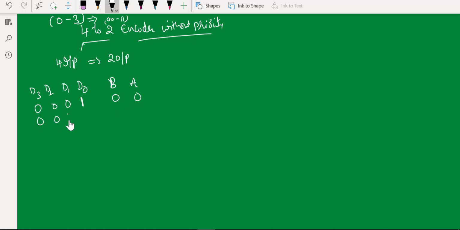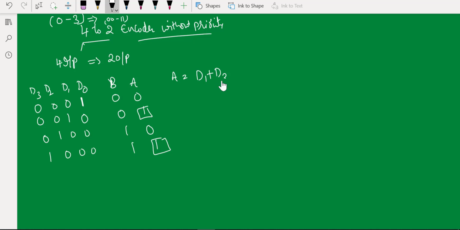If I press D1, then I'm going to get 01. If I press D2, I'm going to get 10. If I press D3, I'm going to get 11. So the expression for A will be D1 plus D3, and B will be D2 plus D3.